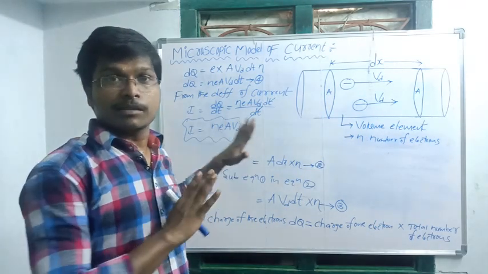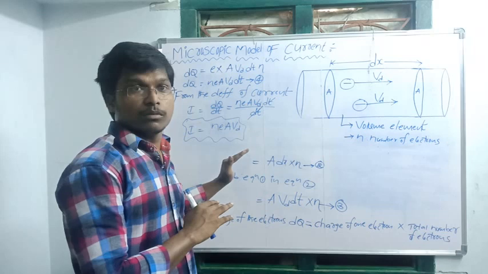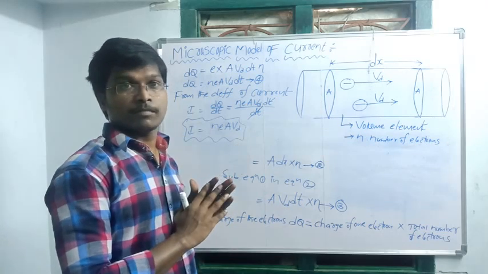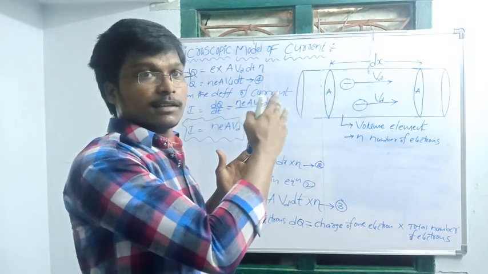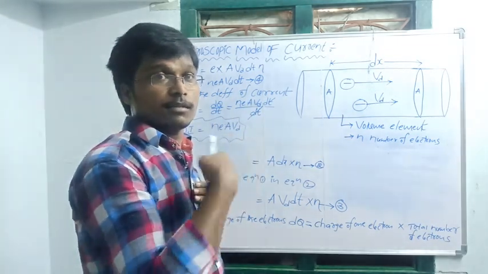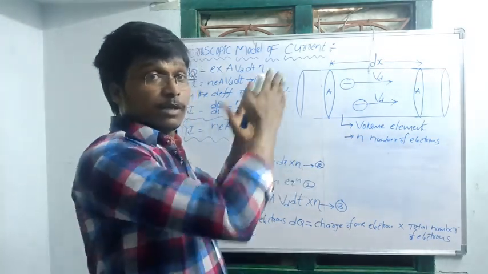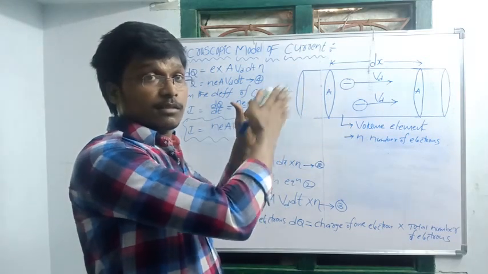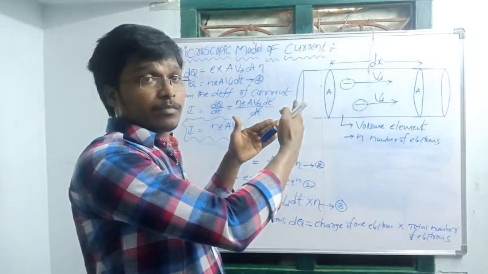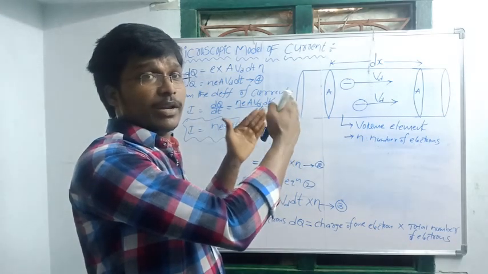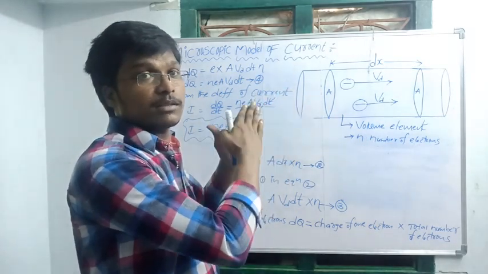Simple concept only, but you have to observe carefully. First of all, we consider one conductor. After that, in the conductor we take two areas of cross section. The space between the two areas of cross section is the volume element. First, we found how many electrons are in that volume element.